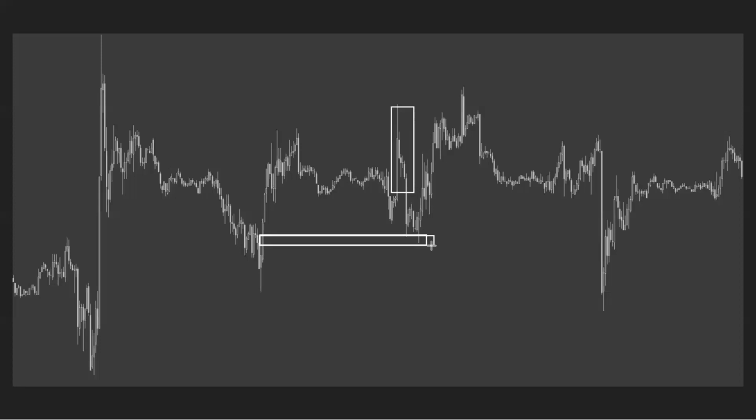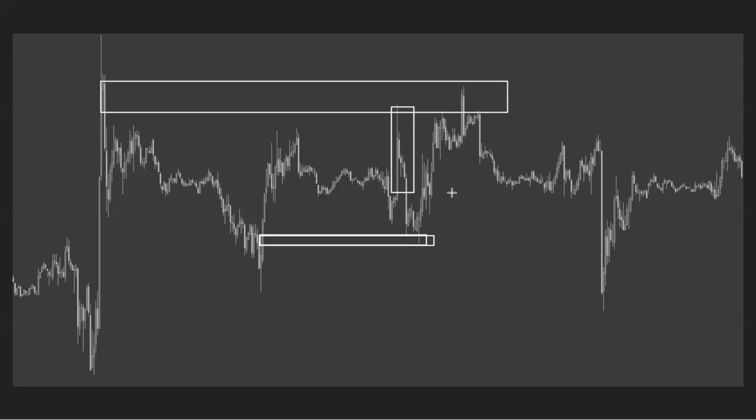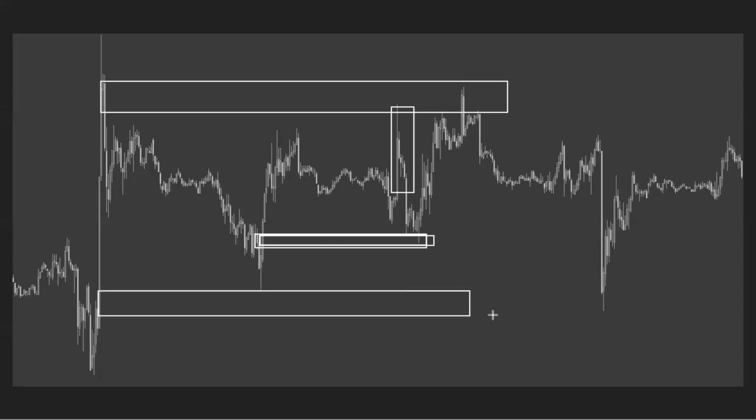So in this case, if you'd taken the false break setup, that would have been my target, because there's fresh liquidity there, and you can see price responds, moves deeper into this liquidity pocket. This has been tested now, so when price responds up here, it moves down to this relatively fresh liquidity.